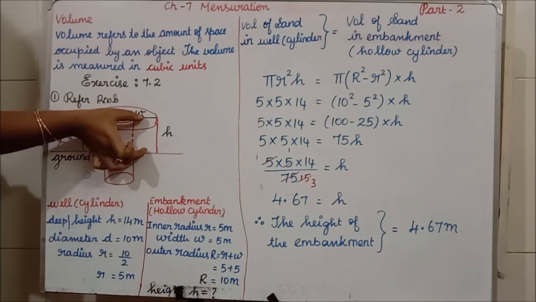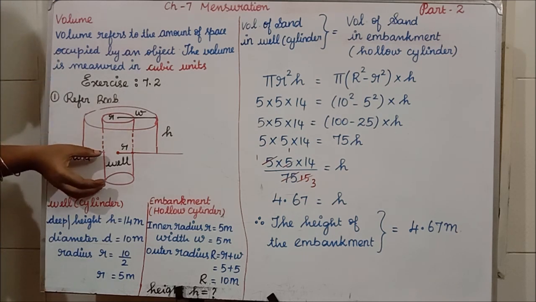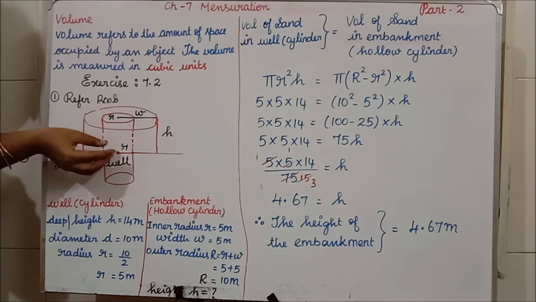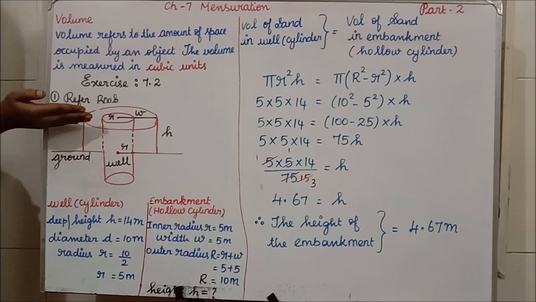Now we have to find the height of the embankment. So height h is equal to question mark. Now, what I have written there: volume of the sand in the well. How much sand is in the well? That sand only I am using to make the embankment outside above the ground level.